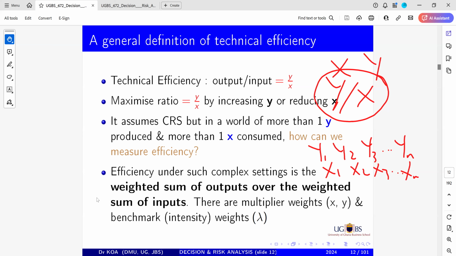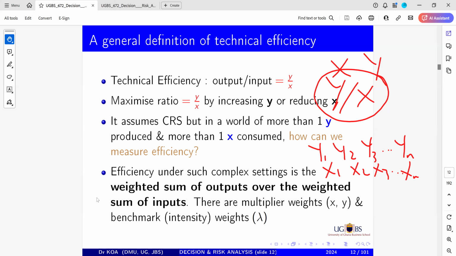You're going to see the writing very soon, but I want you to understand the principle. The weighted sum of the outputs by the weighted sum of the inputs. The weights are called multipliers. And later you will learn that the weights are also called intensity vectors.